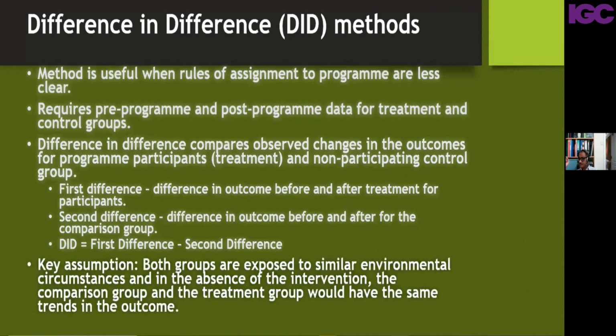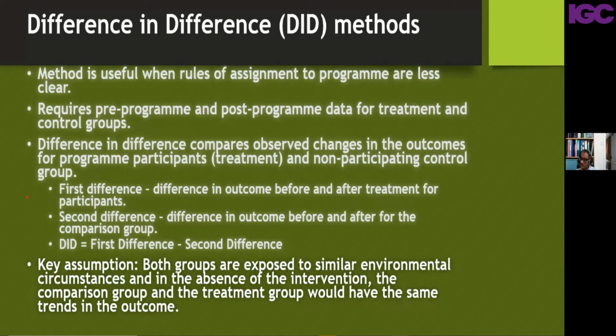So the key assumption that you make is that both blocks are exposed to similar circumstances, environmental circumstances or economic circumstances. And in the absence of the intervention, the comparison group and the treatment group would have had the same trends in outcome.